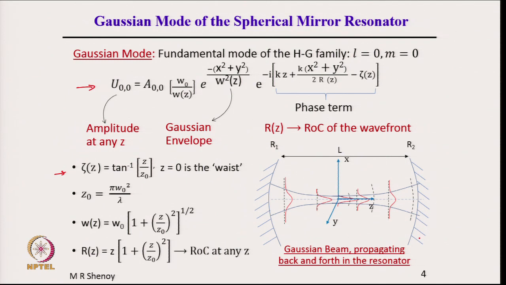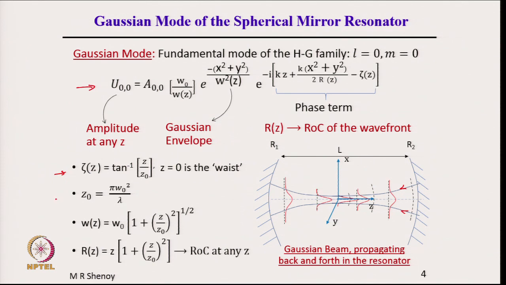So, we can see here in the resonator, the Gaussian beam is going back and forth. The field distribution is evolving, it is spreading because of diffraction, but then again focused back by the spherical mirror resonator, and this forms a standing wave and a field distribution which repeats itself.